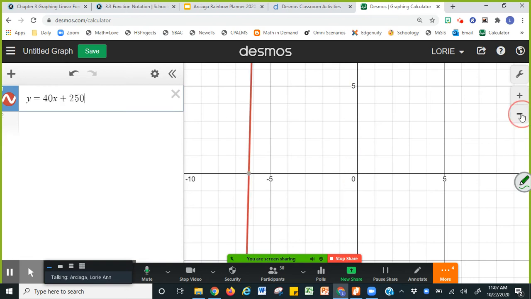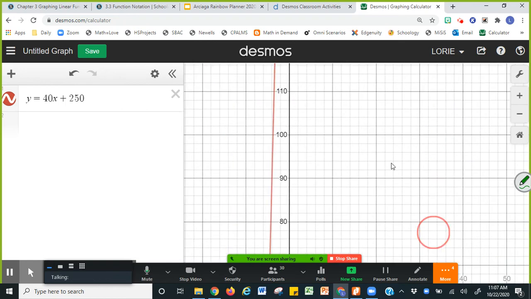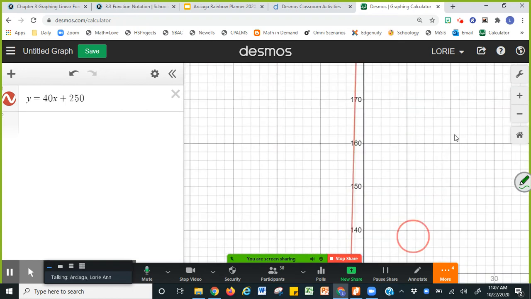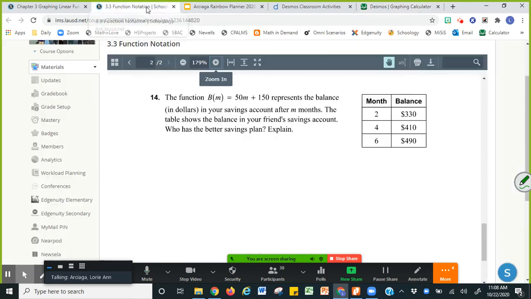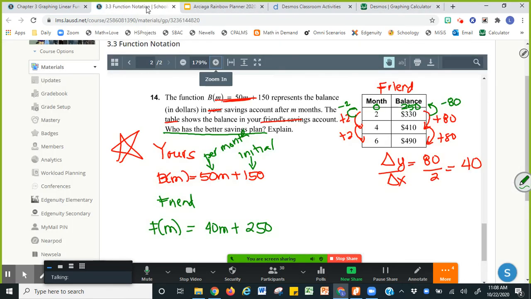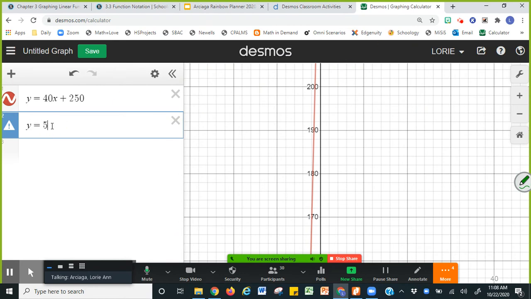So that's the red graph right there. I'm going to put it down a little bit. Now our bank account had, I forgot, how much was it? 150. Okay. So we had 150, but we're saving more each month.